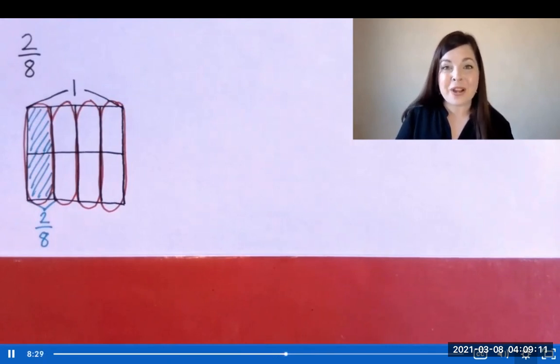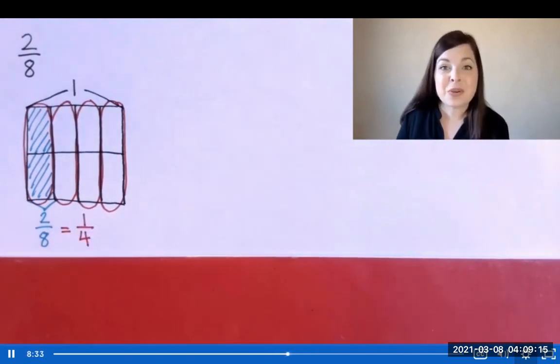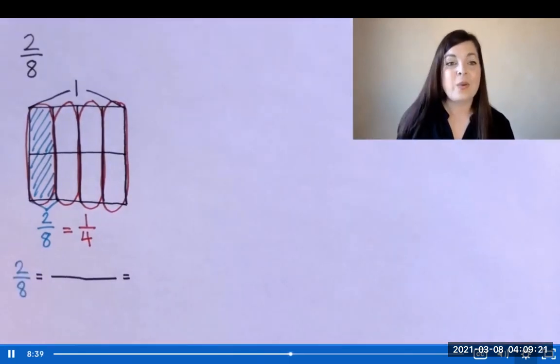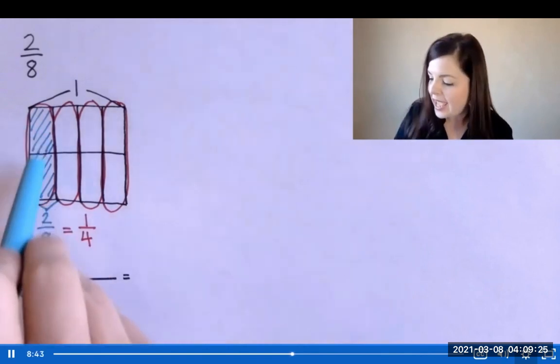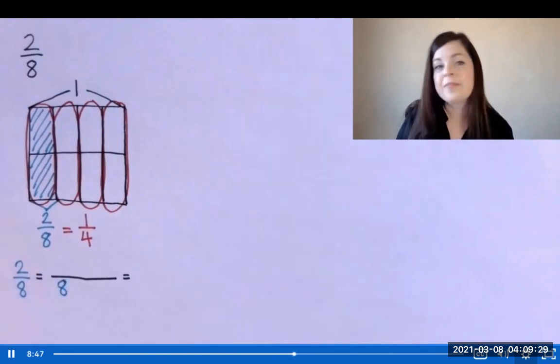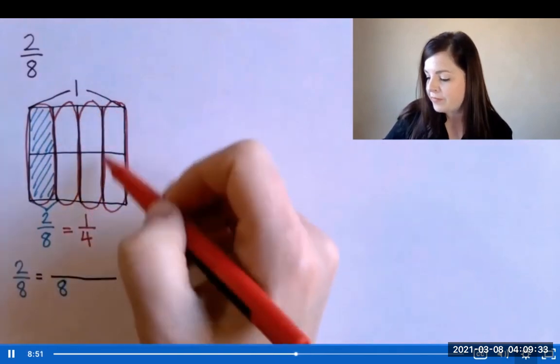2/8 equals 1/4. Now let's show the equivalence of these two fractions using a division number sentence. We started with 2/8. In the beginning, we had 8 units in the whole. Then we composed groups of 2.